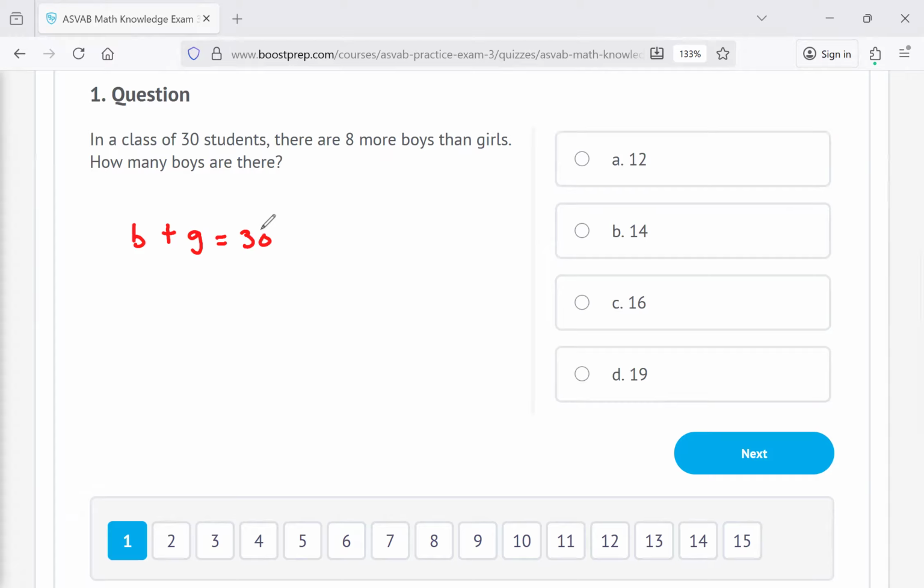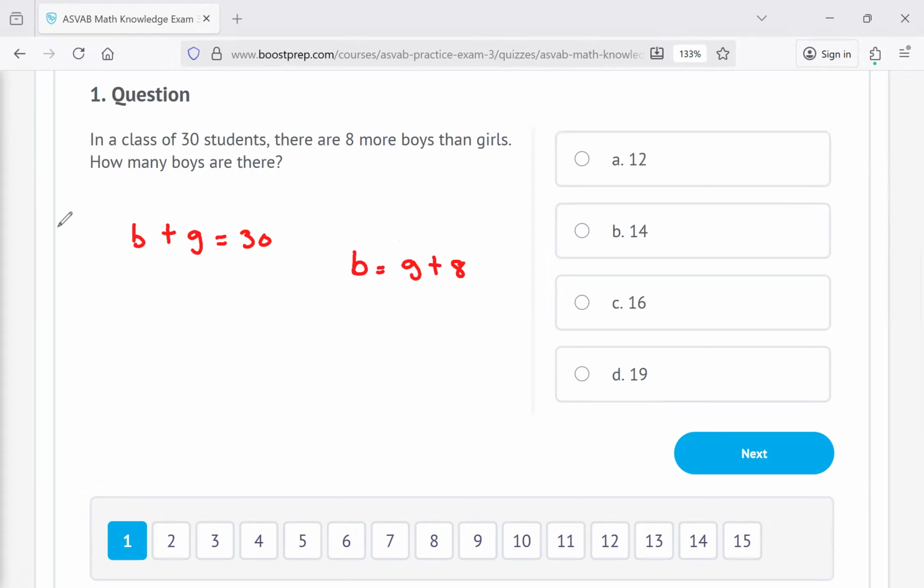And then the other statement says there are 8 more boys than girls. So boys would be 8 more than girls, so that would be g plus 8.